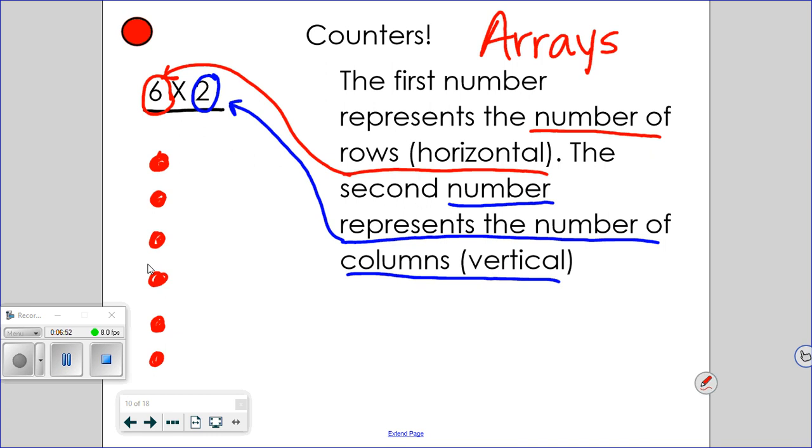All right, our second number is a 2, which means we need 2 columns. So now we're going to do another column of 6 with red right next to my first column of 6. So on your notebook with your counters, you should have a shape that looks like this.